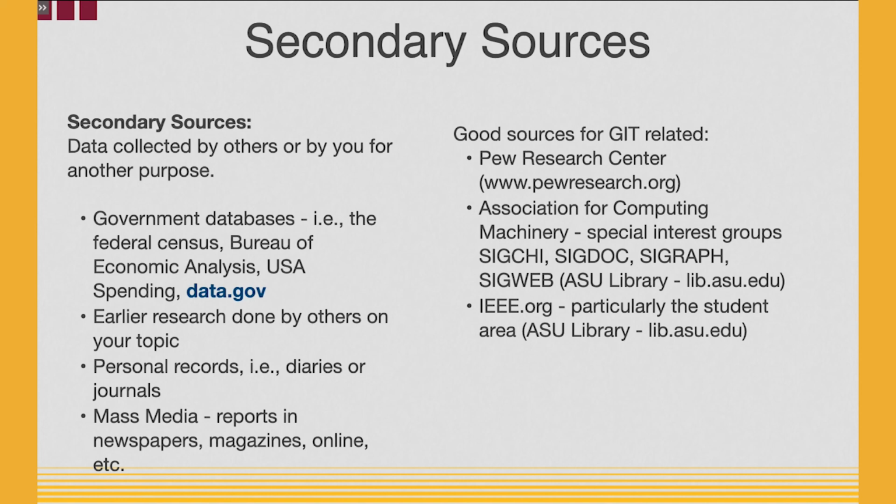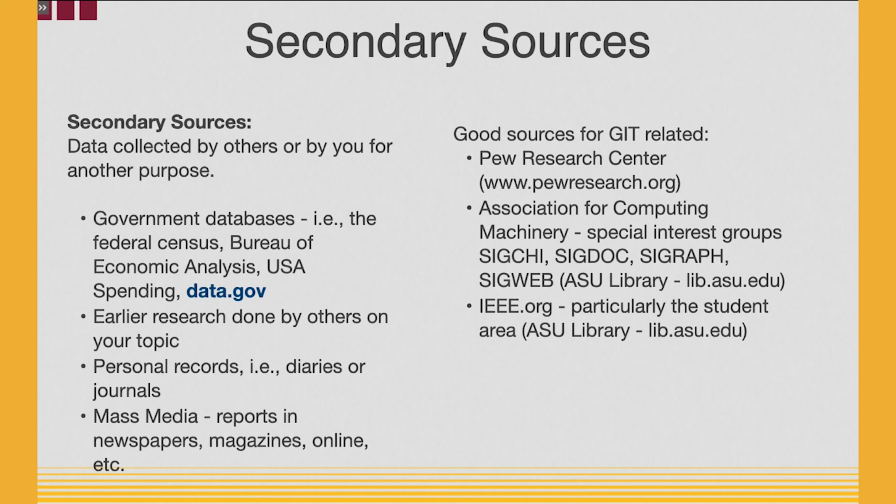For GIT, some of the good sources for secondary information are the Pew Research Center. They have all kinds of media and popular topics and data for those things, all kinds of stuff. So you should check that out.